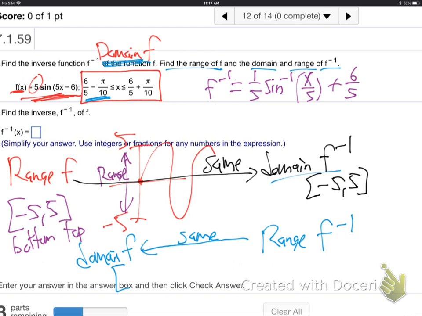Well, that would be a bracket again, and it would be 6/5 minus pi over 10, comma, 6/5 plus pi over 10. Could you just write that as one fraction, so it's 12 minus pi over 10, 12 plus pi over 10? Yeah, that'll work. Get common denominator. Yep. That's good too. And we're done with that one.